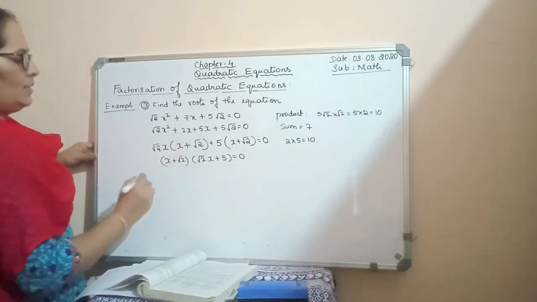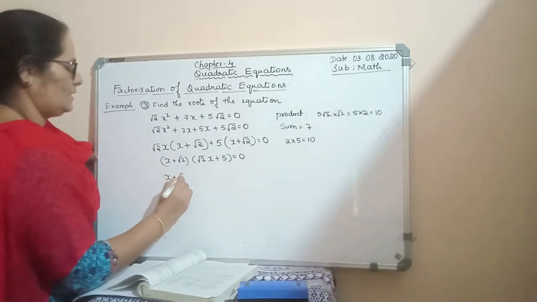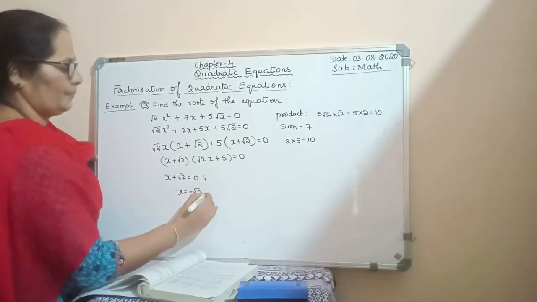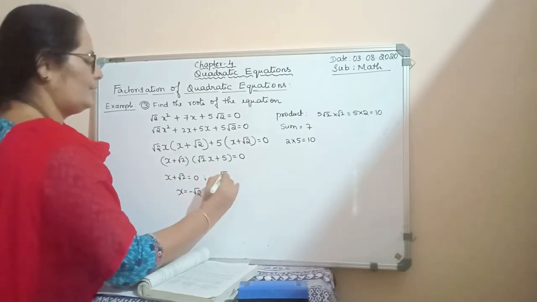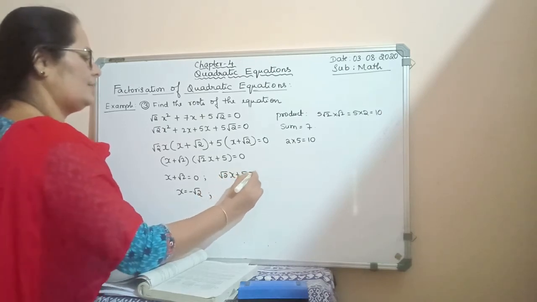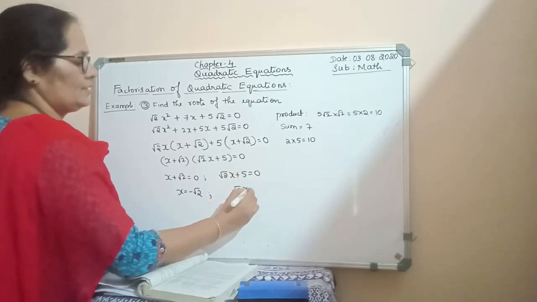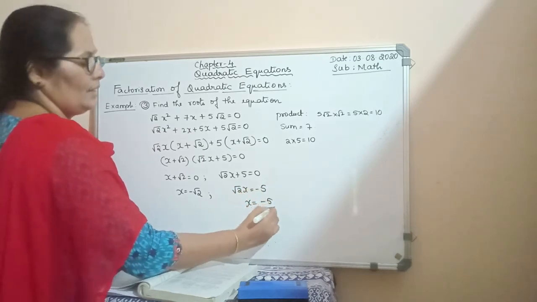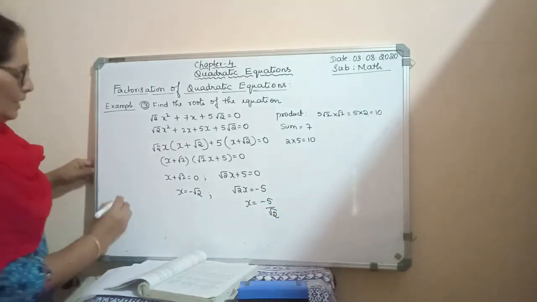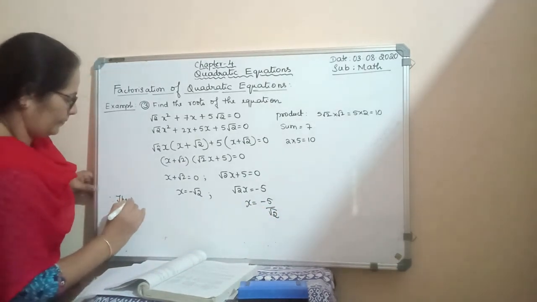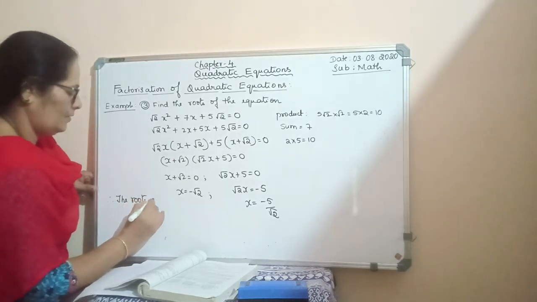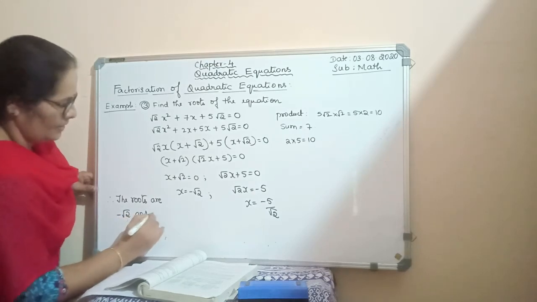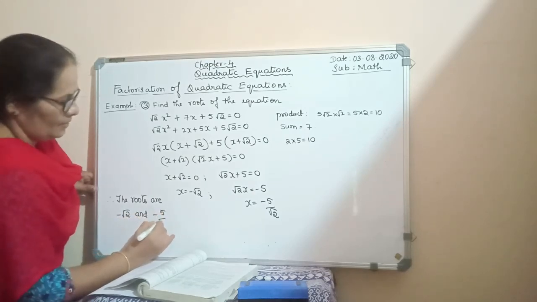Therefore, the roots of the equation: x plus root 2 equals 0, x is minus root 2, then root 2x plus 5 equals 0. So root 2x equals minus 5, x equals minus 5 by root 2. Therefore, the roots are minus root 2 and minus 5 by root 2.